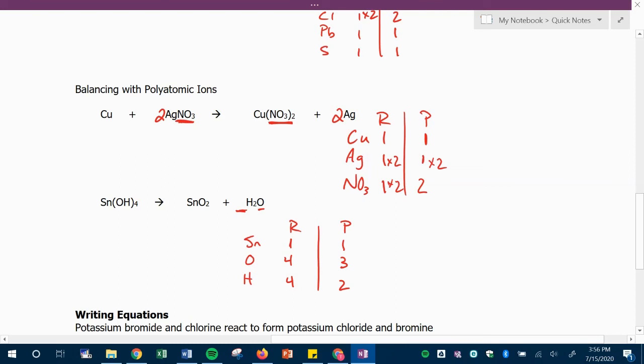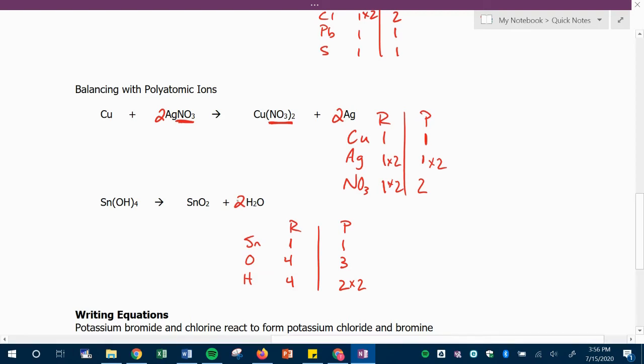Now hydrogens, as it turns out, we have 4 as reactants, 2 as products. So that means if we multiply our product's hydrogens by 2, we can add a big coefficient here. But once we did that, let's look and see what happens to our oxygens.